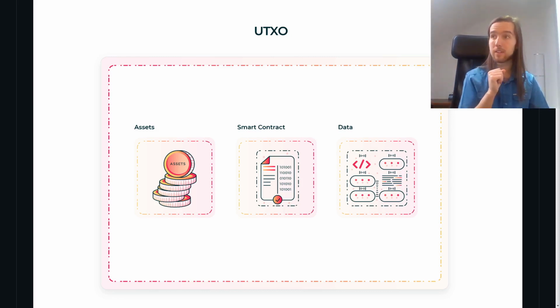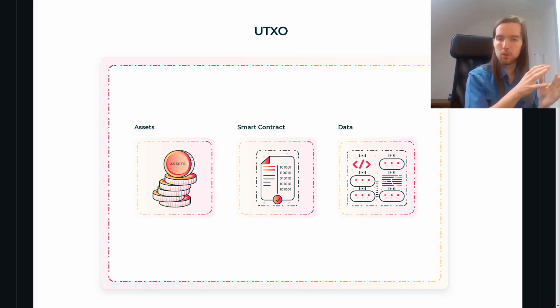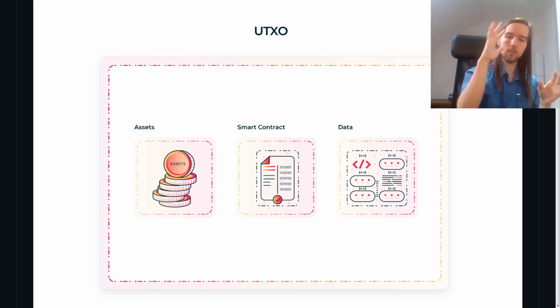That, as a whole, is how the UTXO model works at its simplest. All you have is a bunch of UTXOs with coins in them, and originally that was just Bitcoin, right? You transfer Bitcoin through this UTXO destruction and creation method.